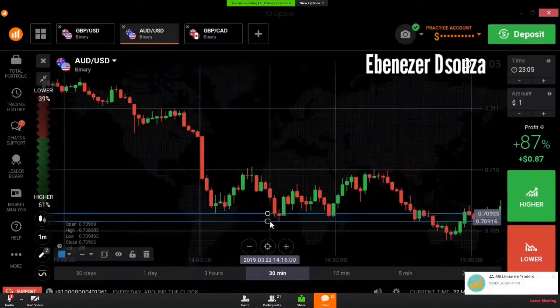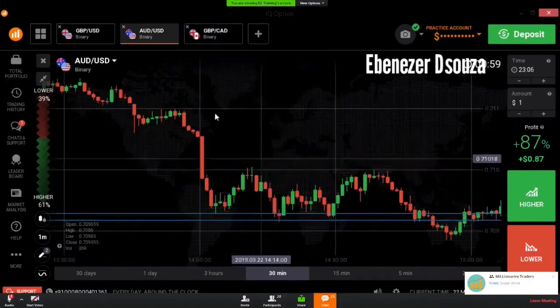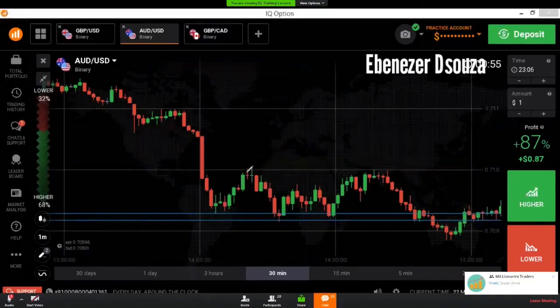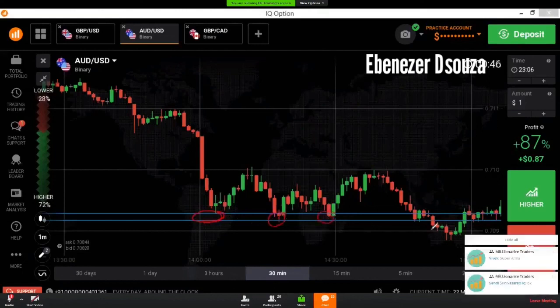This level, this whole area. Here you are seeing a support level, again a reversal point, again a reversal point, again a reversal point.